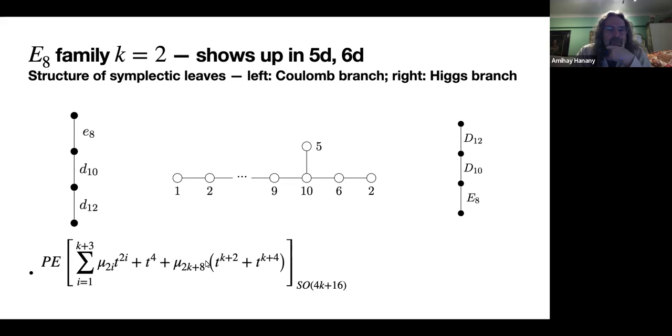And again, k is the imbalance of the node over here, which is the only node which is not balanced. All other nodes are balanced. Look that it has a very similar structure to what we saw up to now in the previous two examples, for E7 and for the Sp family.